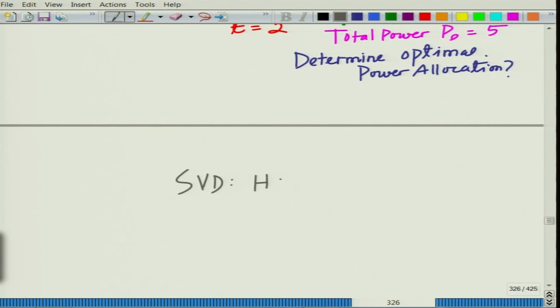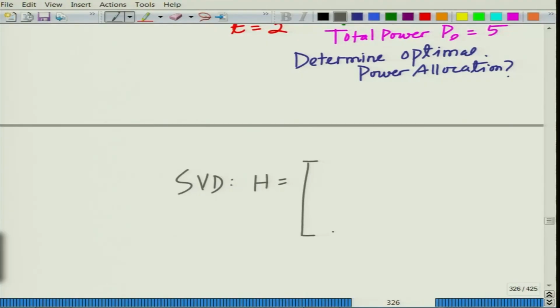Recall we have already performed the SVD of this channel matrix in a previous example, based on the property that the columns of H are orthogonal. You can look at the previous module.